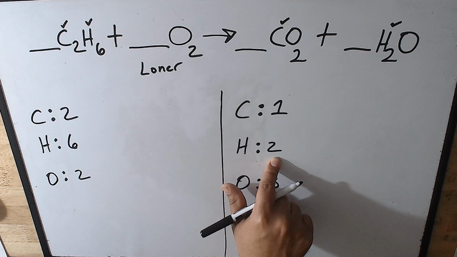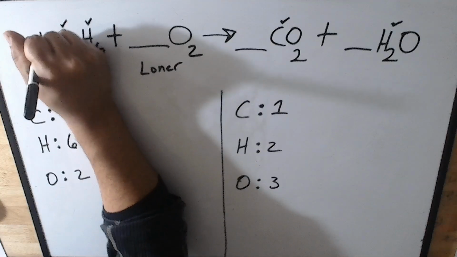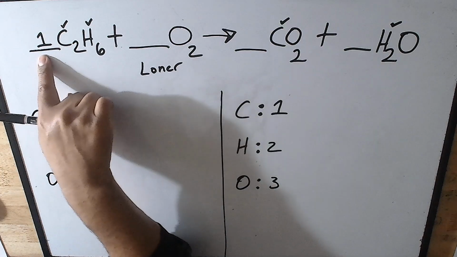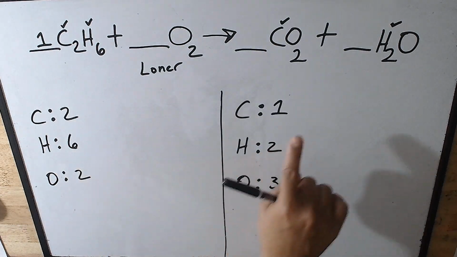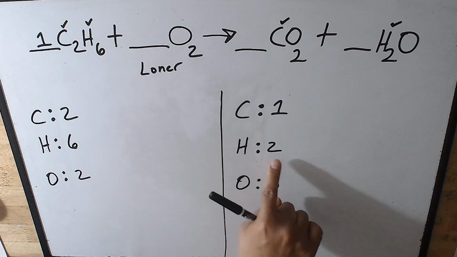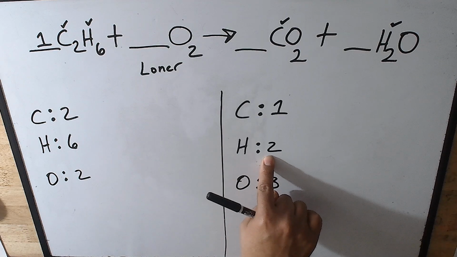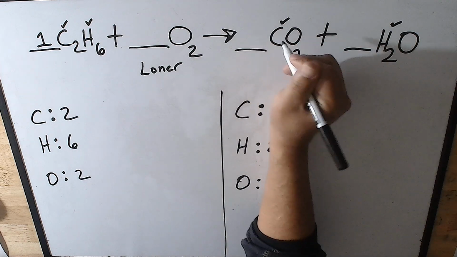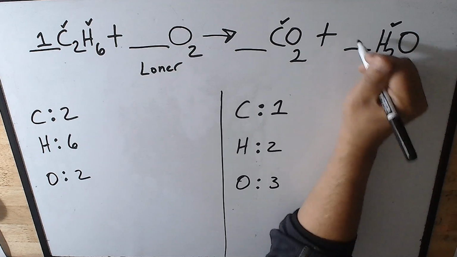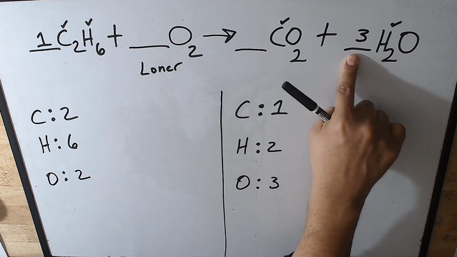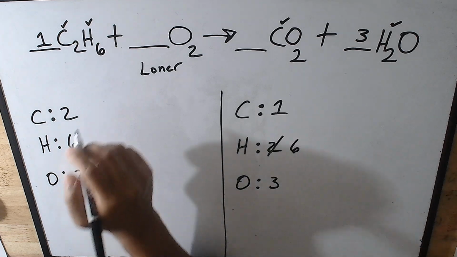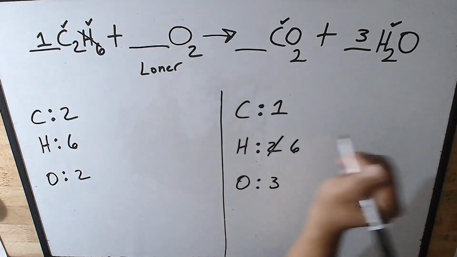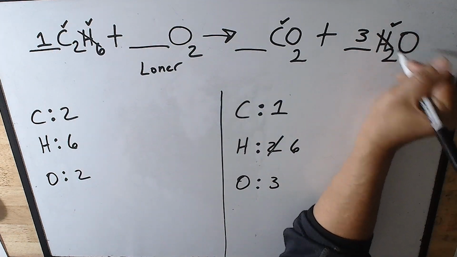So what I can do, I can put a 1. And when I put a 1, I'm saying 1 times 6 gives me 6. And over here, I need to try to make this 2 into a 6. So the way I can do that is by putting a 3 over here. 3 times 2 gives me 6. And we are done with our hydrogens, at least temporarily.